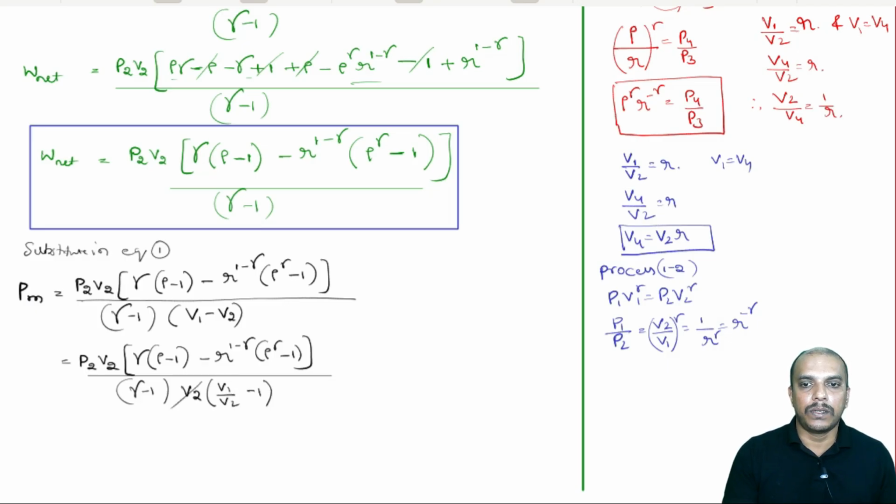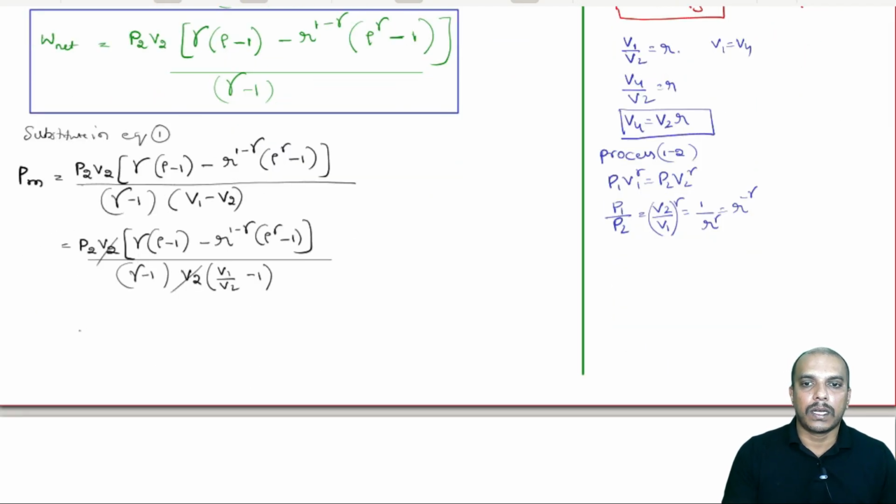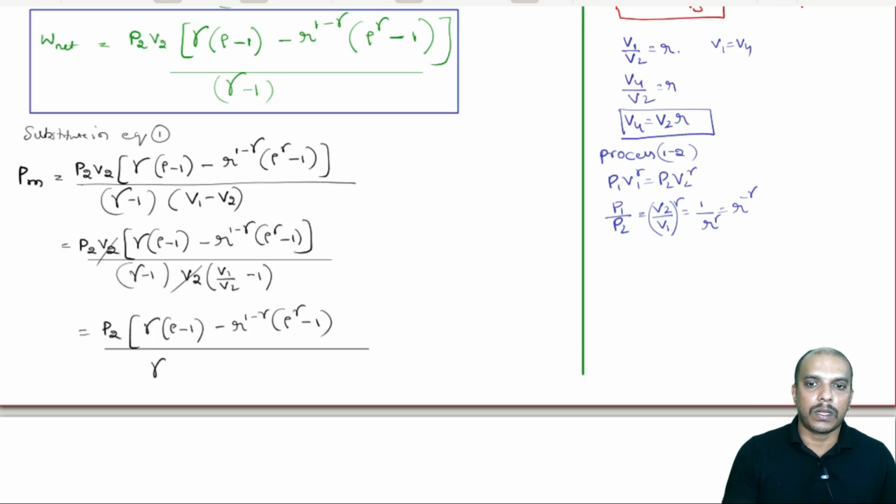Now this V2 and V2 cancel out. I can rewrite this as P2 into gamma into rho minus 1 minus R power 1 minus gamma into rho power gamma minus 1, divided by gamma minus 1 and V1 by V2 minus 1, where V1 by V2 is R. So it is R minus 1.